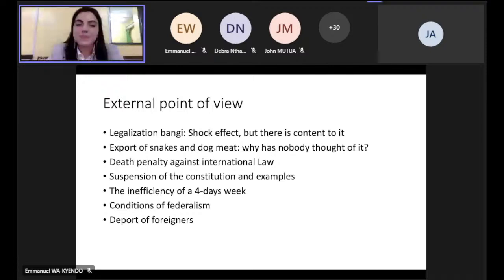Another pretty worrisome claim is that the hanging of the corrupt will diminish corruption. The sky-high levels of corruption in Kenya are obviously angering. But for the parliament, and again, the parliament, not the government, to make corruption a capital crime will breach Kenya's obligation under international human rights law. What I'm talking about is the International Covenant on Civil and Political Rights, to which Kenya became a party in 1972.